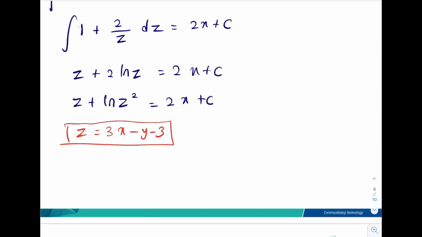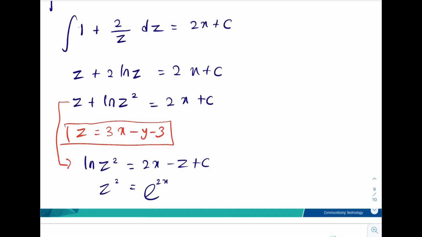Okay, maybe we do further step. Ln z squared equals to 2x minus z plus c. So z squared equals to exponent 2x minus z plus c.